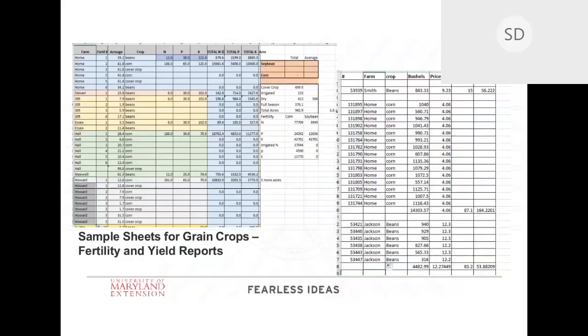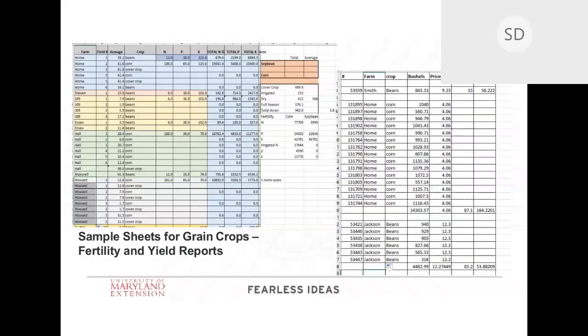Here's some sample sheets for grain crops that we use. The one that's colored here is color coded by the farm. So we have a farm with multiple fields in it. We've got a farm number and then the tract numbers, the acreage in each of those, what crop was grown, and then what the fertilizer rates were.